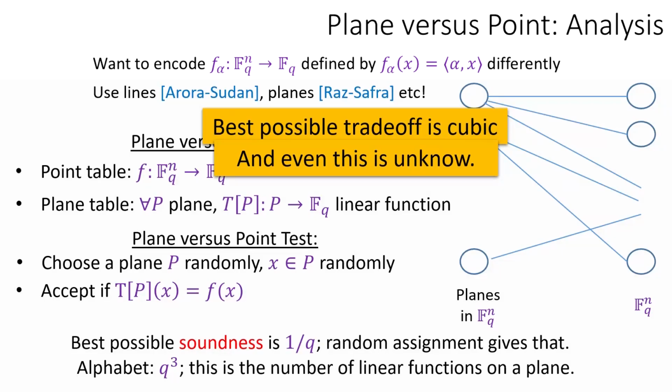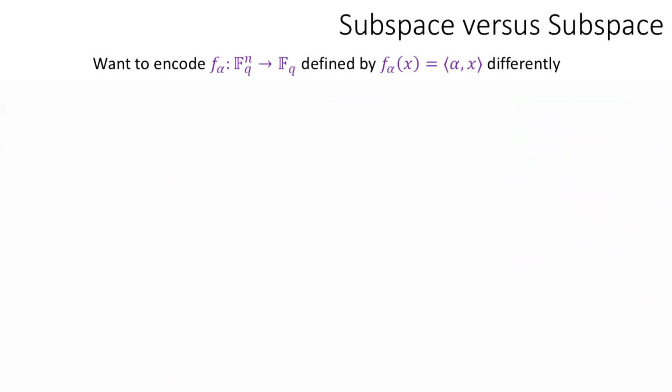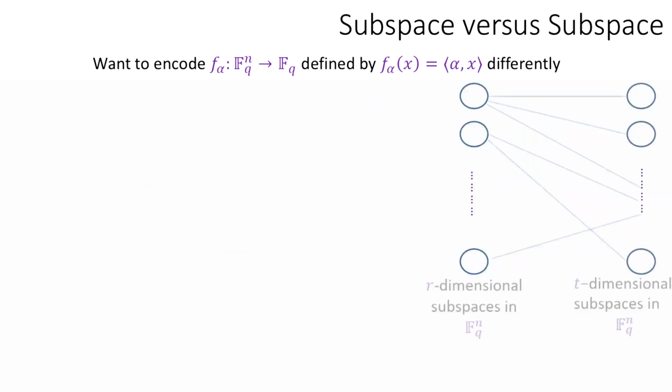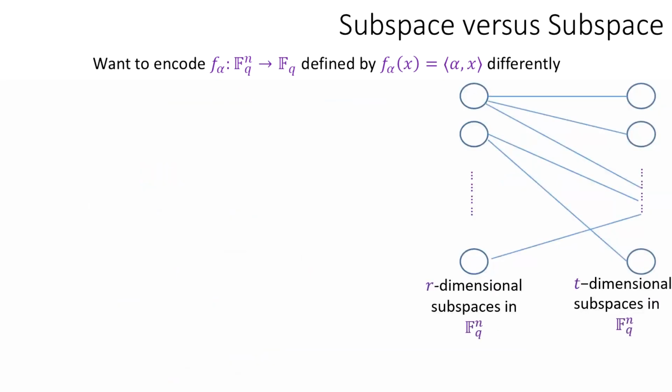So what to do? Whenever in doubt, go higher. So let's go higher. What does it mean? It means that instead of planes and points, we're going to take higher dimensional spaces. That's the only thing we can do. So now the graph that we're going to think about has R-dimensional linear subspaces in F_q to the n, and T-dimensional linear subspaces in F_q to the n.